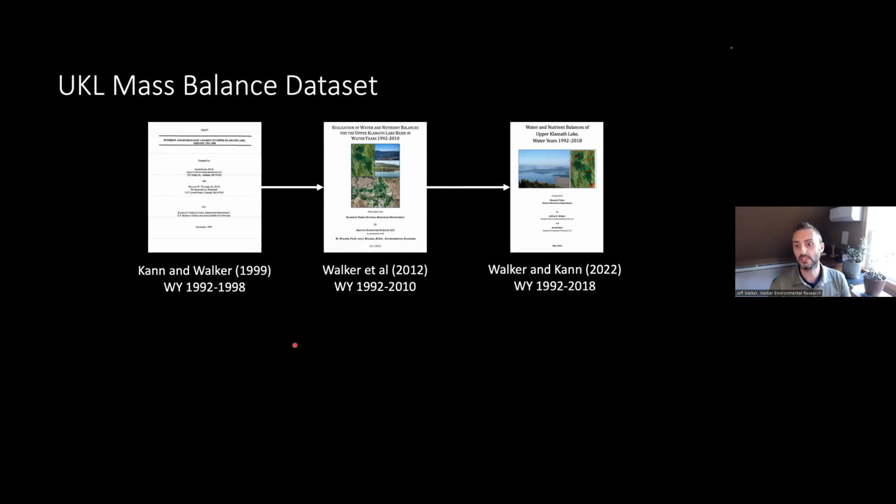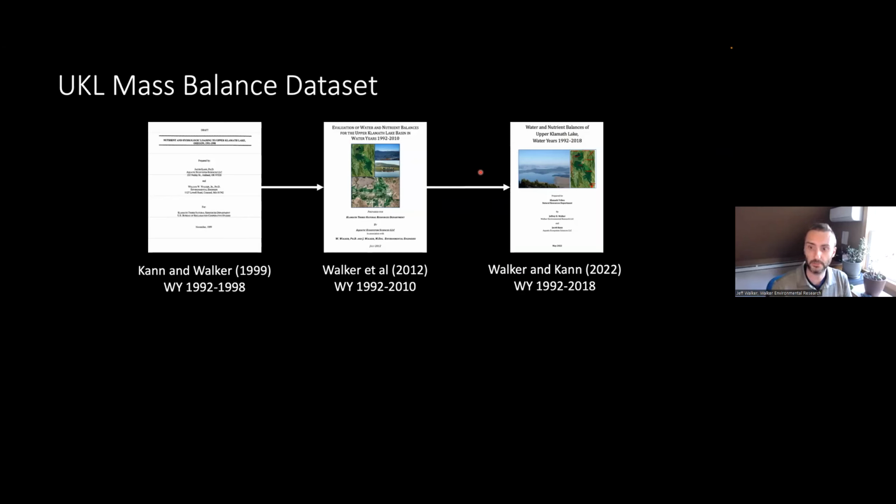So I'm going to talk today about the development of a mass balance data set for the lake. And this is the third iteration of this data set. The first one was done in 1999 by Jake and my father, Bill Walker. I did not participate in that one because I was, I think, a sophomore in high school at the time.